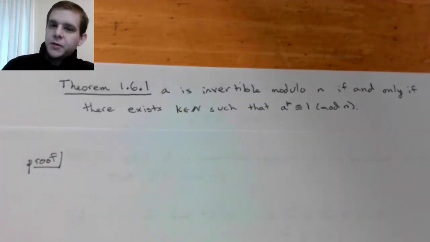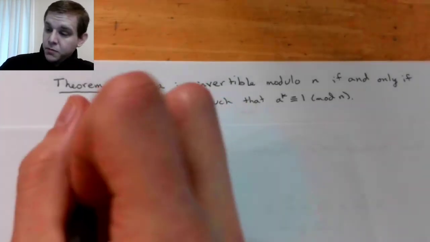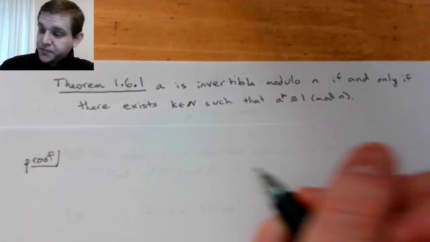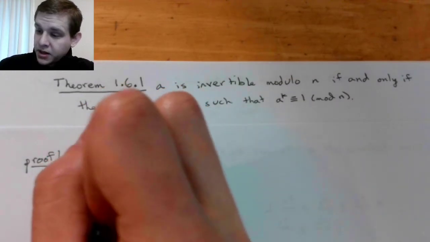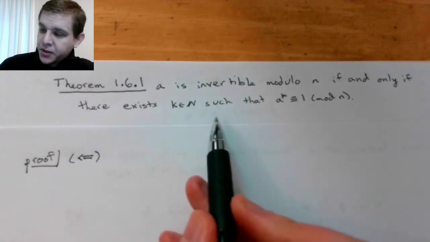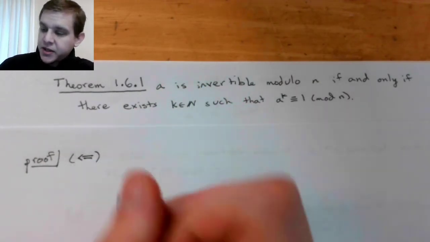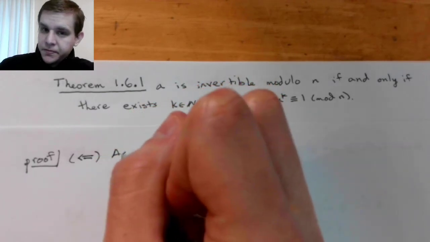And then if it's invertible, we'll prove that it has an order. So the first step is to assume, and sometimes people write things like this to indicate what direction they're doing. So here I'm assuming the right-hand side, which is there exists this k, and then I'm going to prove the left-hand side.